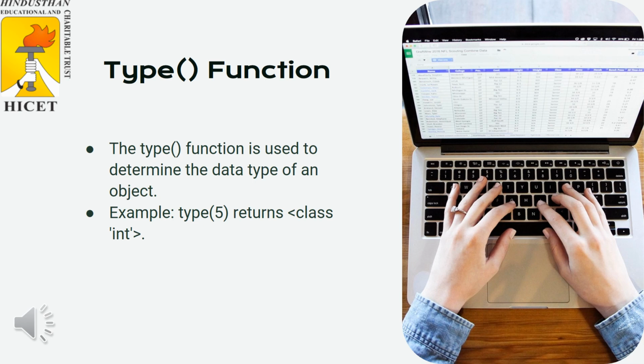For example, if I give type of a, it returns class integer, that is it is declared as integer data type. For another example, we can say a is equal to 10 and check type of a, then it returns class integer, that represents a is considered as an integer variable and integer data is stored inside a. So this type function is used to check what sort of data type is used to store the values.